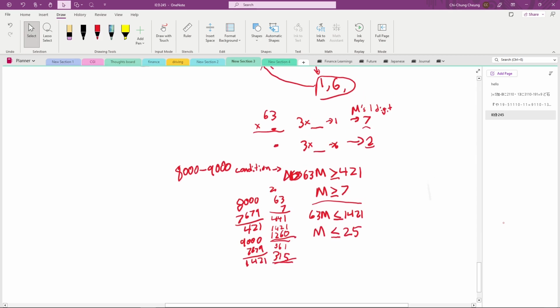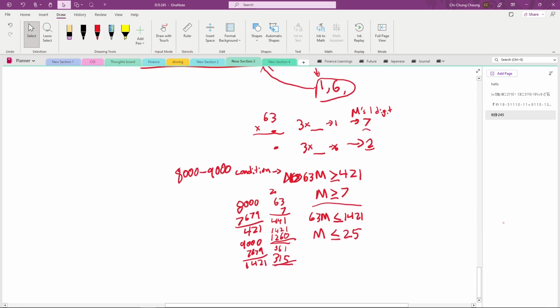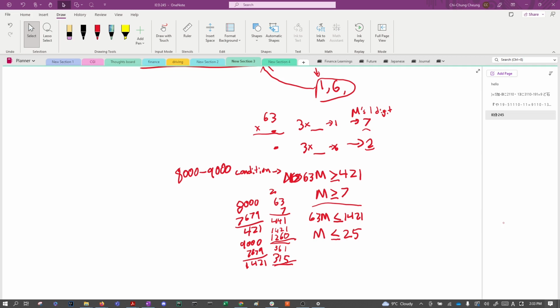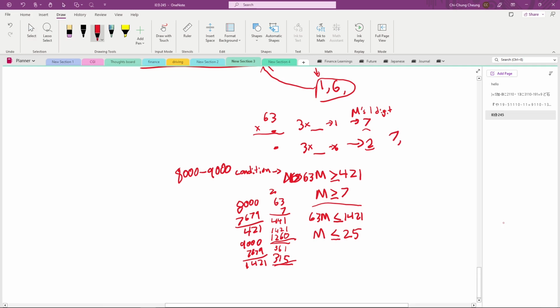So m is between 7 and 25, and either ends with a 7 or a 2 digit. So that's just 7, 12, 17, 22. You can't do 27.